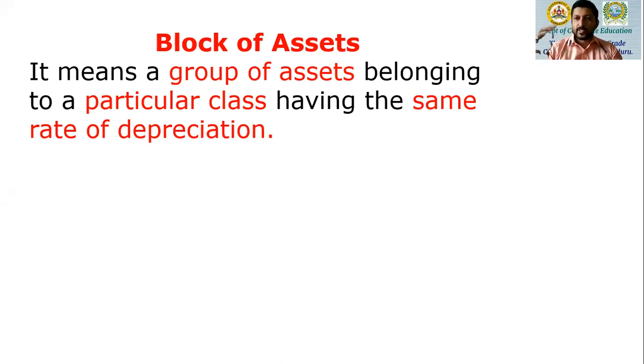So what we do is, instead of charging depreciation on electrical equipment separately, and on furniture, tables, chairs separately, we combine all these assets together. We group all these assets together. That's why it is called a group of assets belonging to a particular class. The class is furniture, fixtures, and fittings, put together and having the same rate of depreciation.